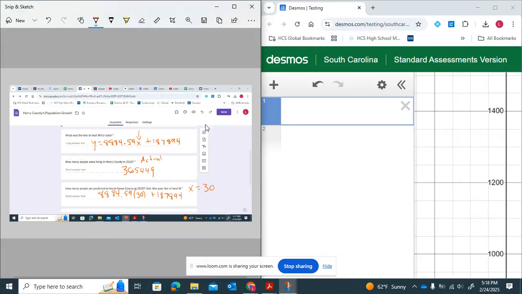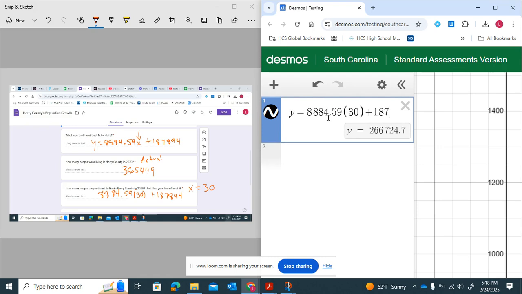in 2030. So y equals 8884.59 times 30 plus 187,894. There are roughly 454,431.7 people.